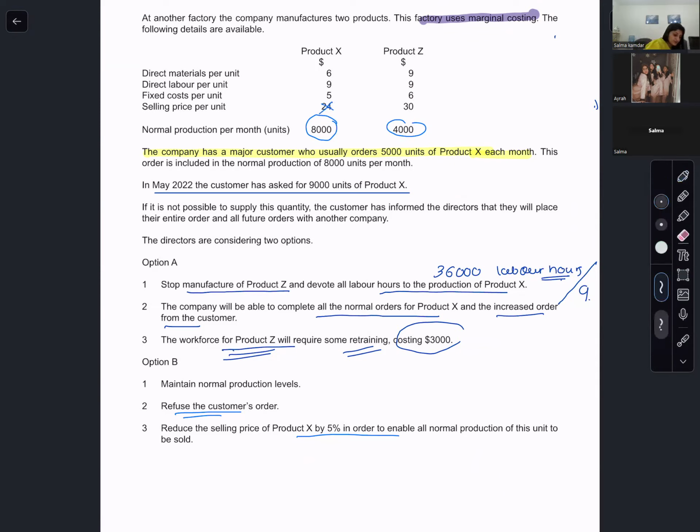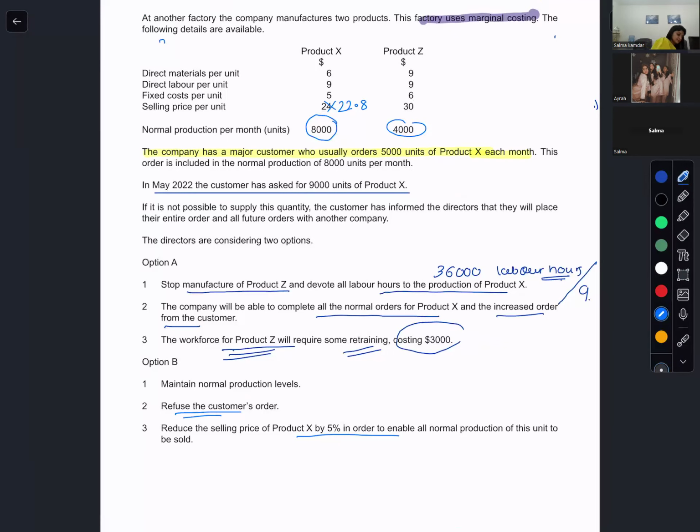So this will become how much? 95% of 24, so it will become 22.8. So what will be the new contribution?